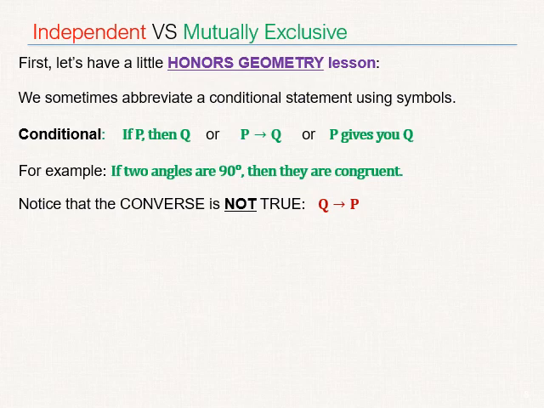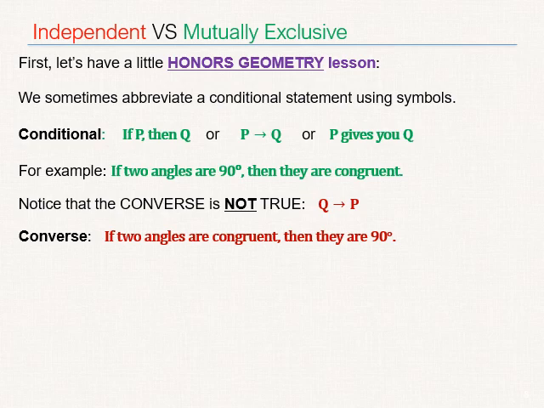Q becomes P, P becomes Q. So the converse for this particular conditional would be: if two angles are congruent, then they are 90 degrees. If you think back, two congruent angles do not necessarily have to be 90 degrees, so that is a false statement. So the converse for this particular conditional is not true.